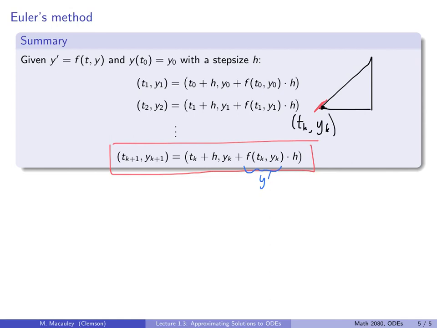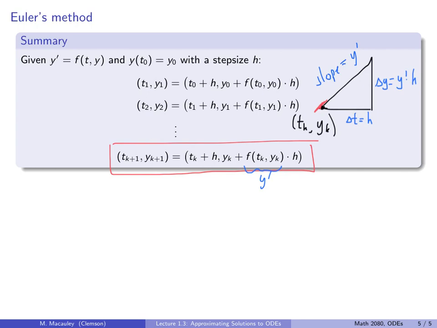The change in t, this distance, is just h, and the change in y is just y prime times h, slope times h. Again, rise over run is equal to y prime. So let me say that the slope equals y prime here.